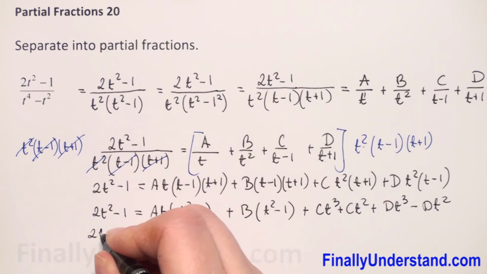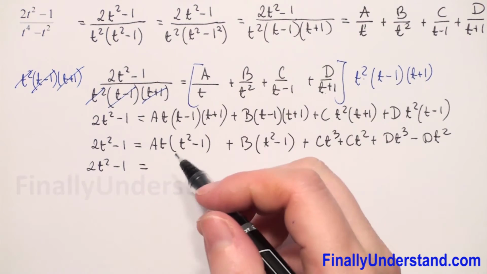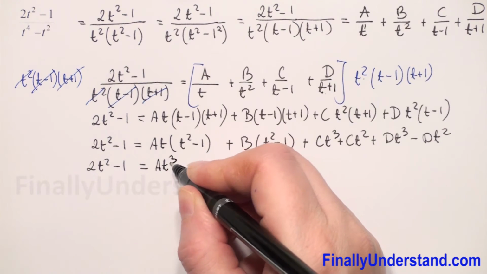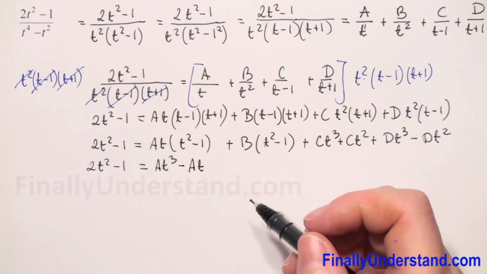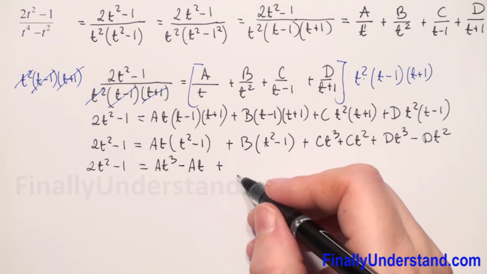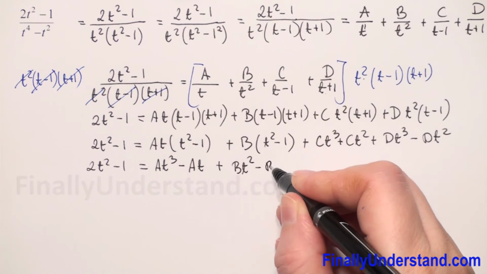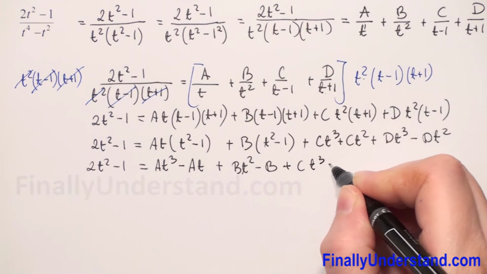The left side we will copy, so this is equal, and now a times t squared is a t cubed, a times negative 1 is negative a t, and now we have b times t squared is b t squared, b times negative 1 is negative b, plus, and the rest we will rewrite.